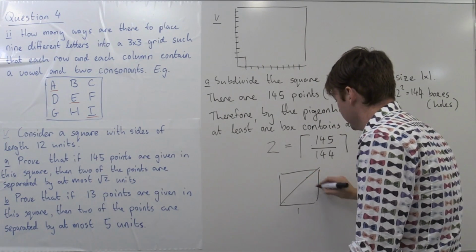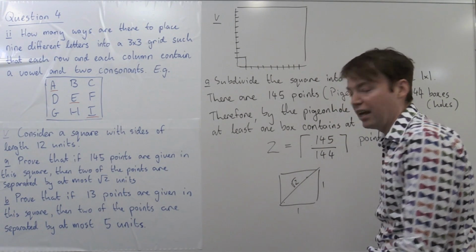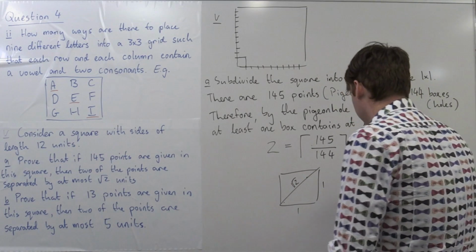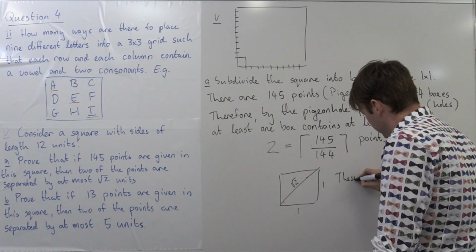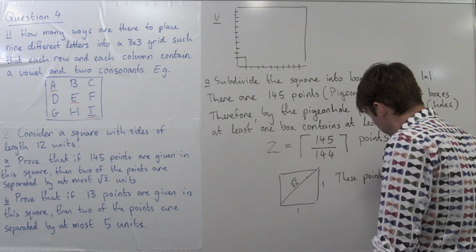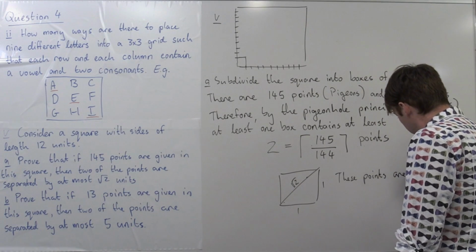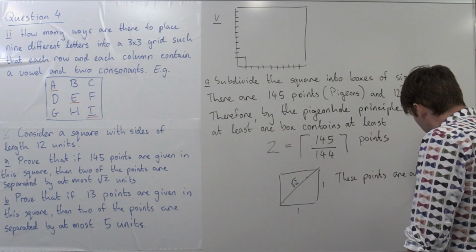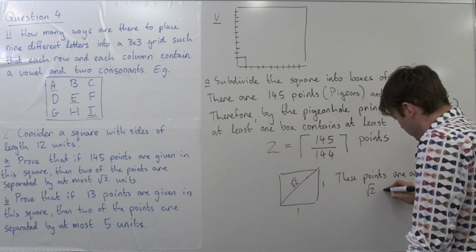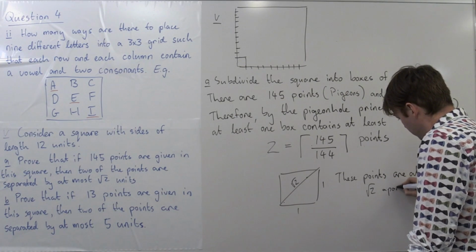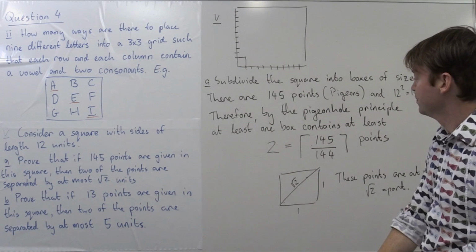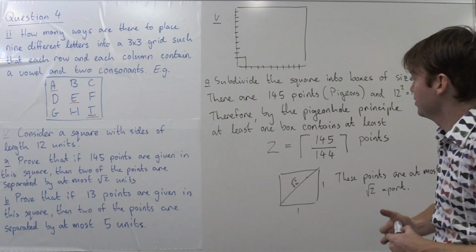So it's 1, that's root 2. They have to be at most root 2 apart. Good. And that's your pigeonhole principle question.